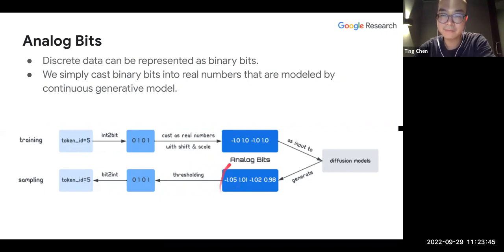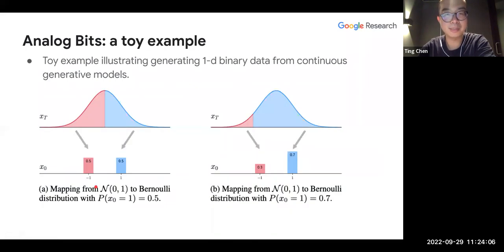But if you have something like that, then you can simply do a thresholding, right? So it's quite obvious this should go to 0 and this should go to 1. And then you do a reverse transformation from bit to integer, and here you go, you get the discrete token back. So that's basically the idea of analog bits.